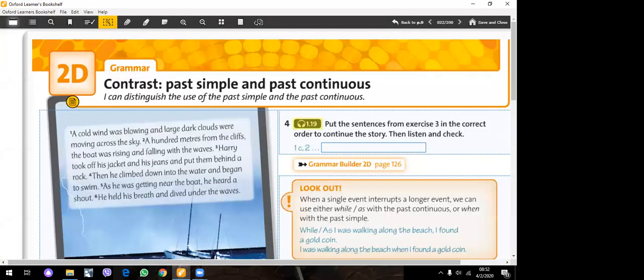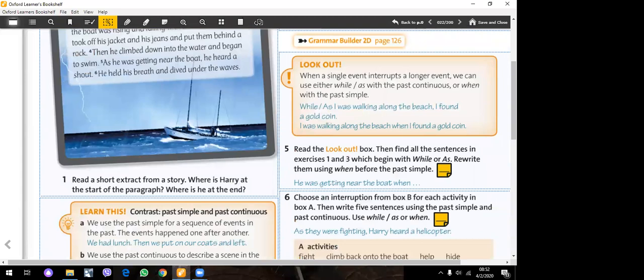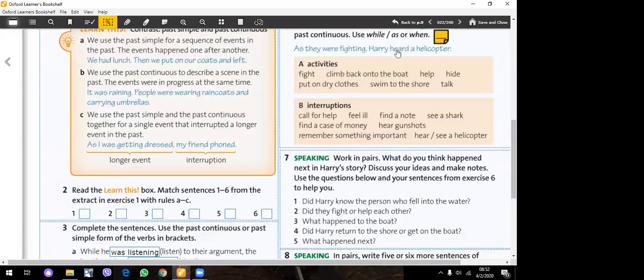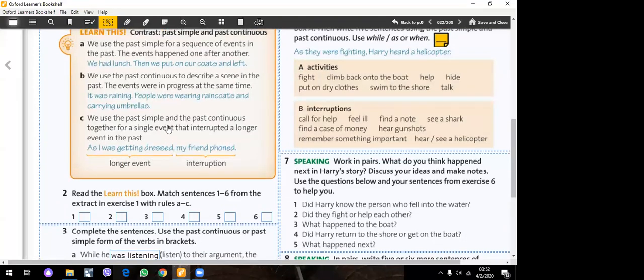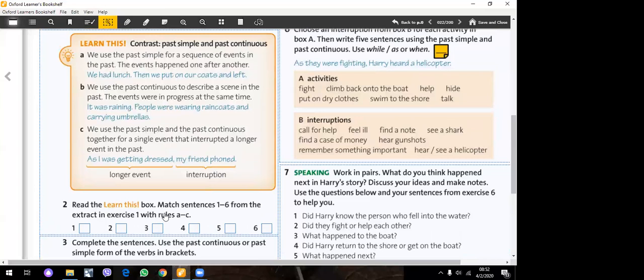Now we are going to continue with the second exercise. Okay? Now you are going to read the Learn These Facts box and you will match exercise 1 to 6 from the extract in exercise 1 with the rules.